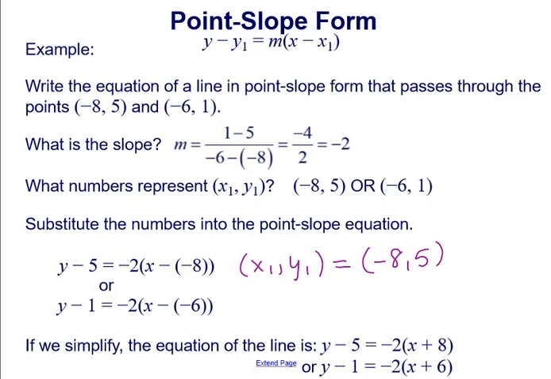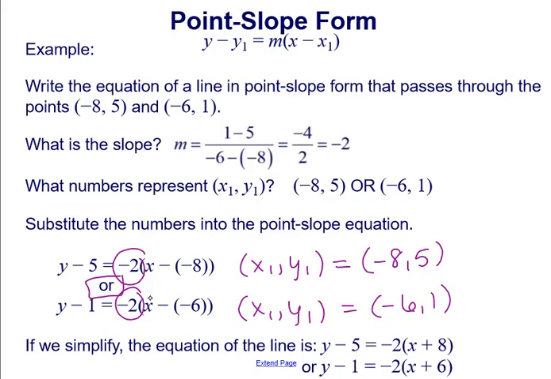Or you could have y minus 1 equals negative 2 times the quantity of x minus negative 6, if x1 and y1 come from the ordered pair negative 6, 1. You have the choice, it's or. Notice the slope is the same in both. The slope is always the same because any 2 points the line passes through should always give that slope, but it just depends on which point you're looking at.